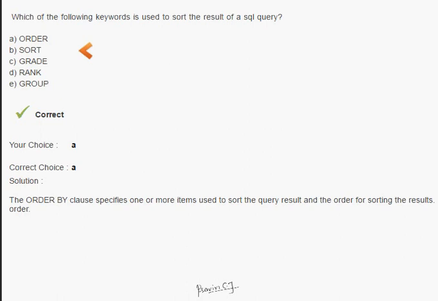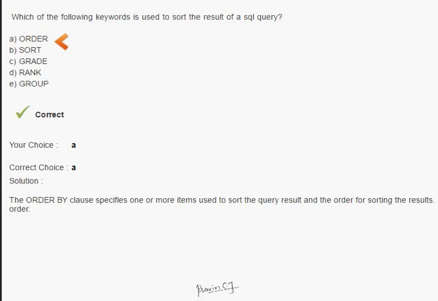You may see ascending order, you may see descending order. In the order by clause you can say ascending or descending.